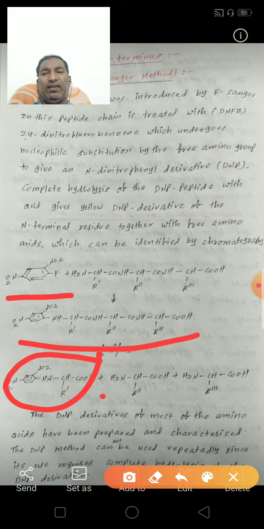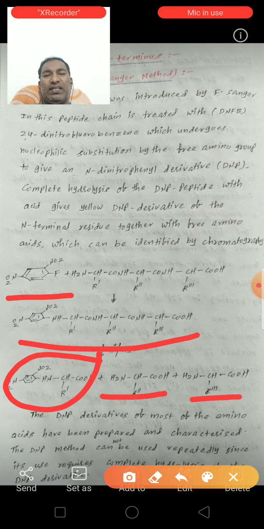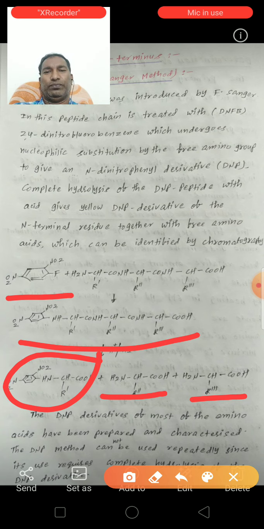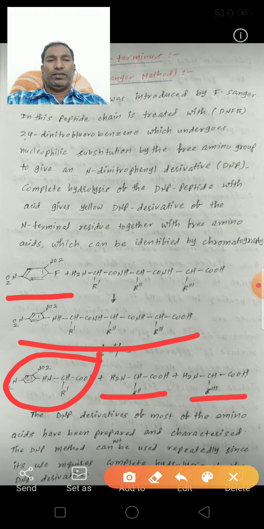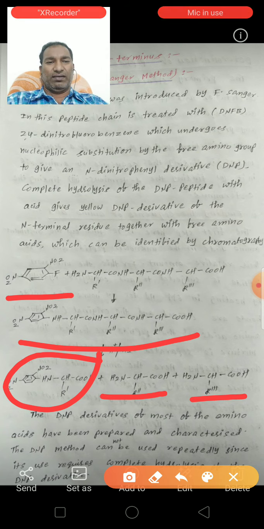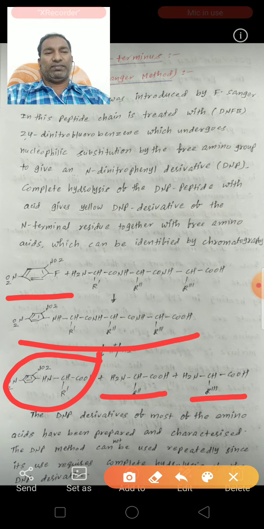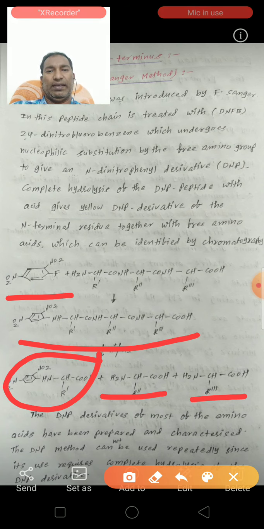These are the second and third amino acids, and the first amino acid is the DNP residue, known as the terminal amino acid. So by finding the N terminus, the peptide can react with Sanger's reagent.